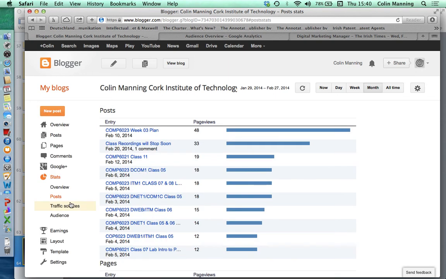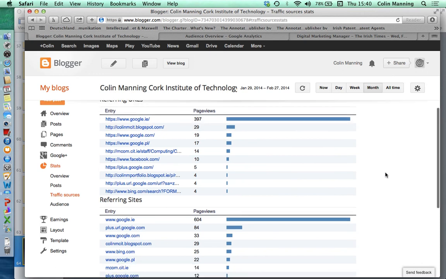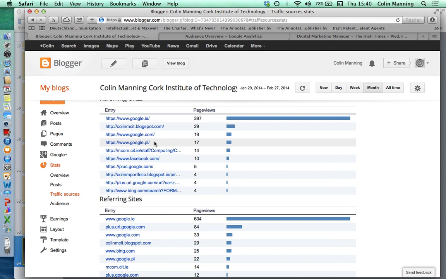These sources from google.ie, no great shock there. This tells me that there are either people in Poland very interested in what I'm doing, which isn't likely. So the most likely explanation for lots of traffic coming via google.pl is that some Polish people taking my class have their default either language or default search engine set to google.pl or the language set to Polish.